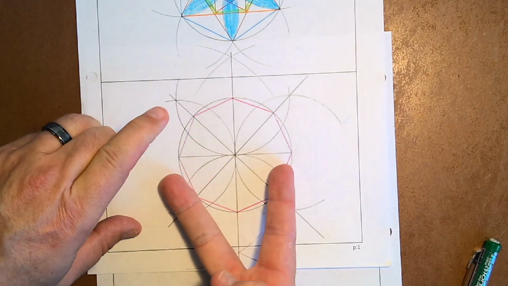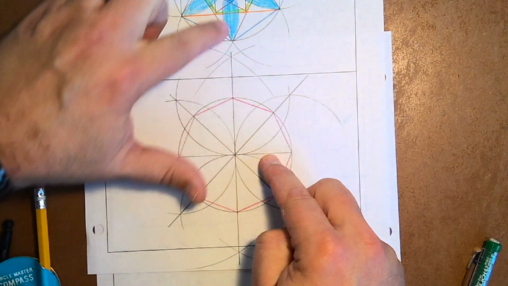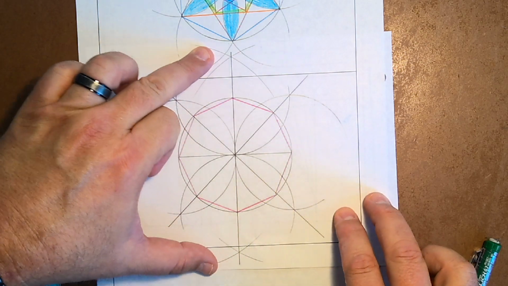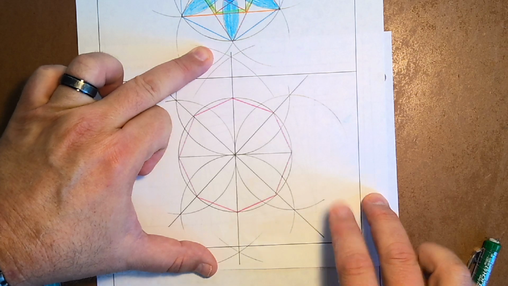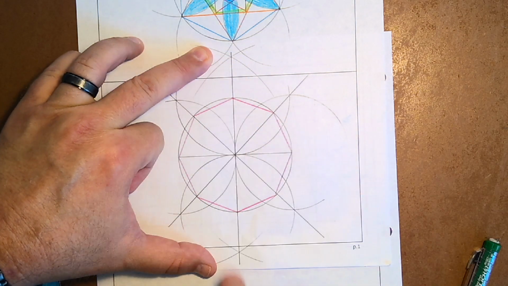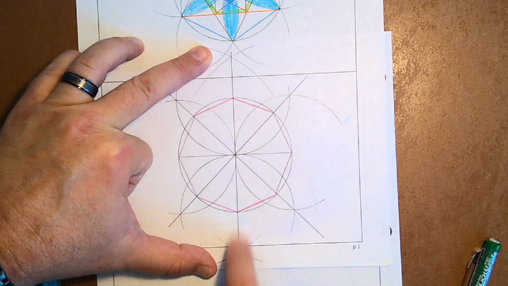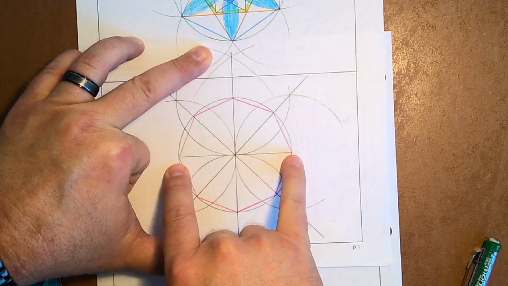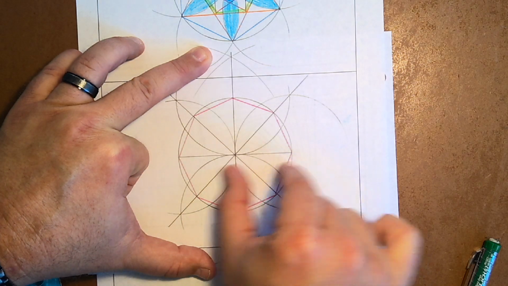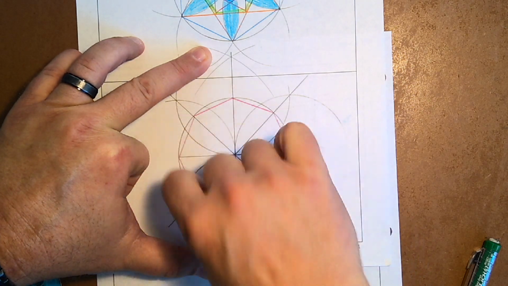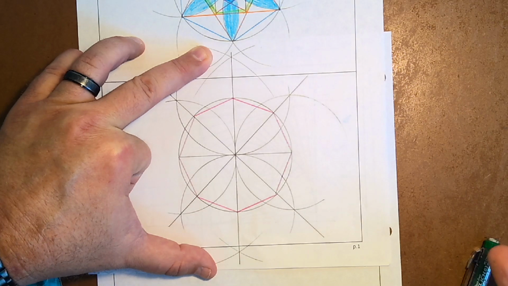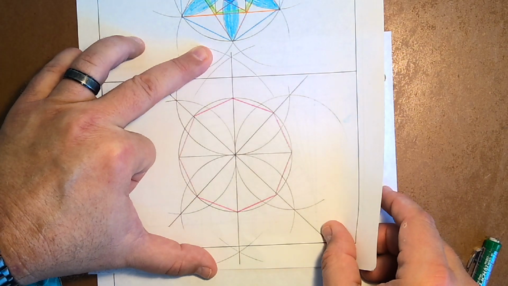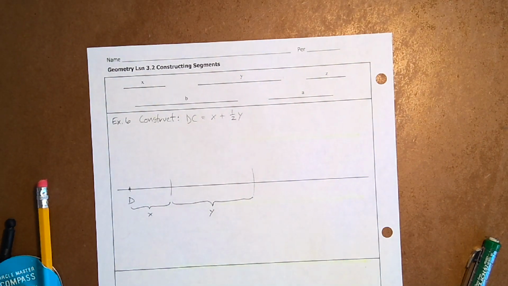And then we flipped our pointer and we arced above and we arced below so that we could get these crossing intersections here and here. Remember doing that? What we discovered was that this became a segment bisector of our original 8 centimeter line segment. That made this 4 centimeters and this 4 centimeters, which we then used to make our circle, and then we went on with our octagon. Do you remember doing that? Right? Okay, well, let's see if we could use that same concept here.